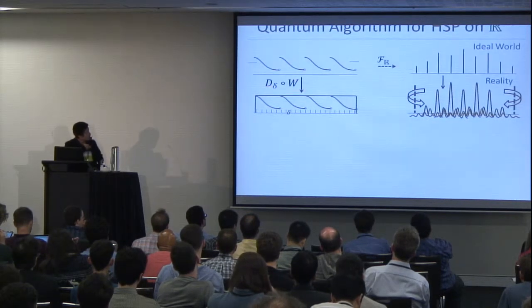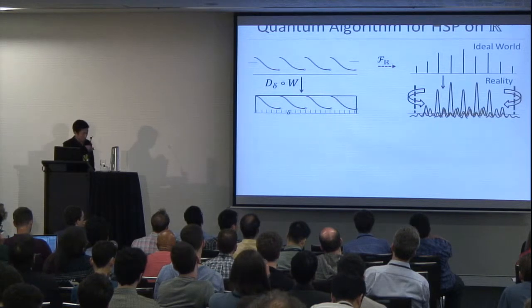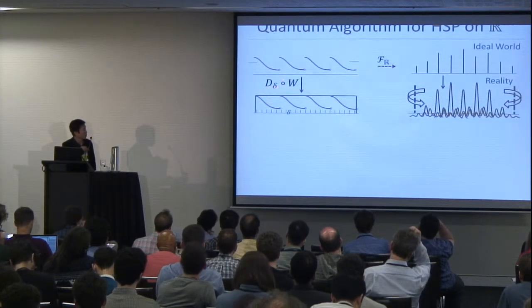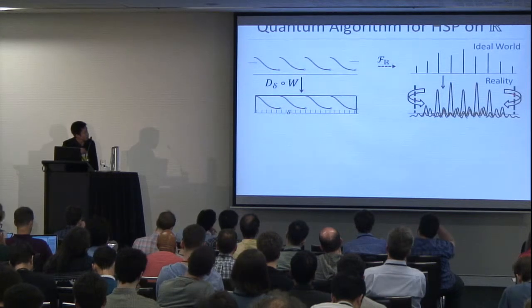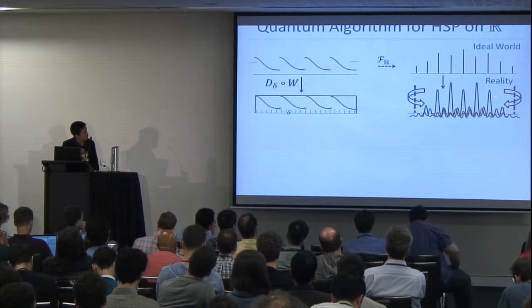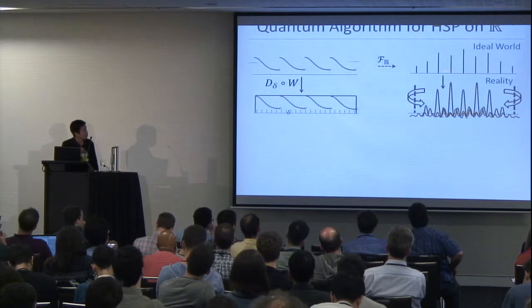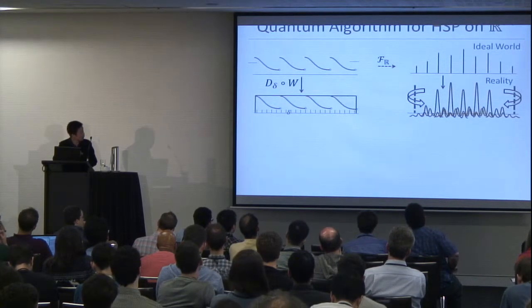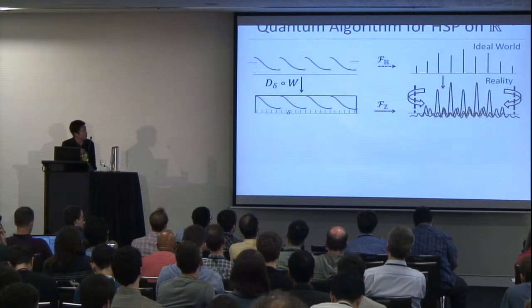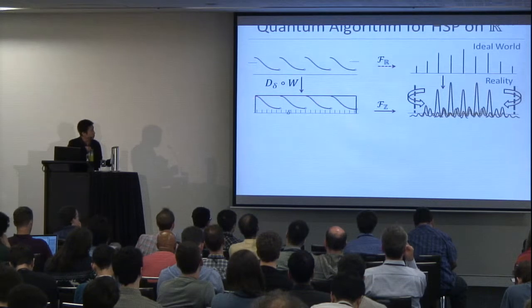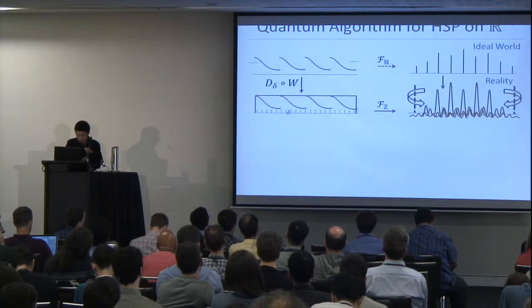To summarize, if we pick a nice window function and also a fine grid for discretization, then we get a spectrum that approximates the ideal spectrum pretty well. This spectrum can actually be obtained by applying the Fourier transform over the integers on this truncated and discretized function.